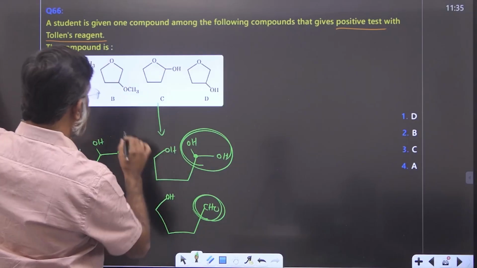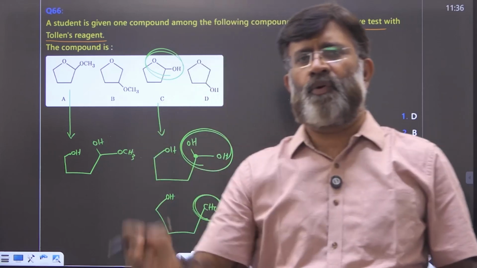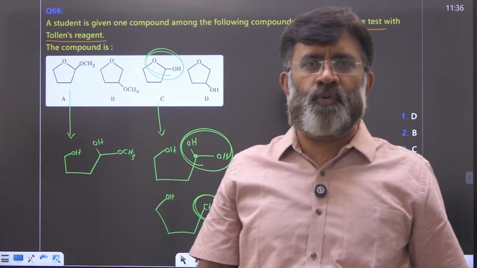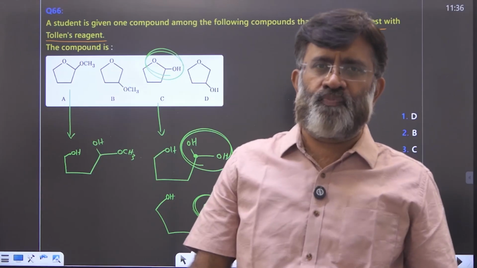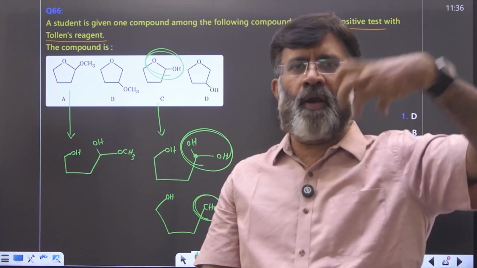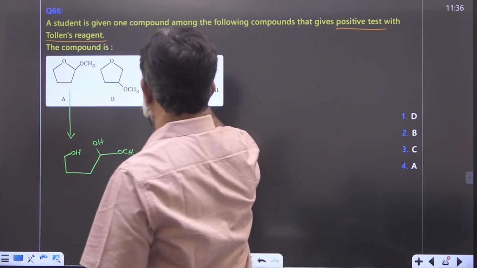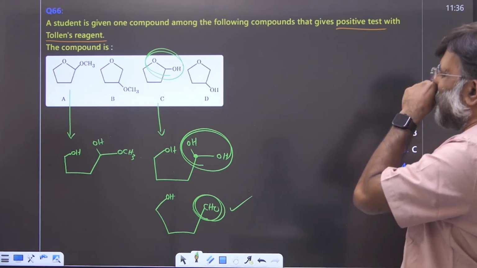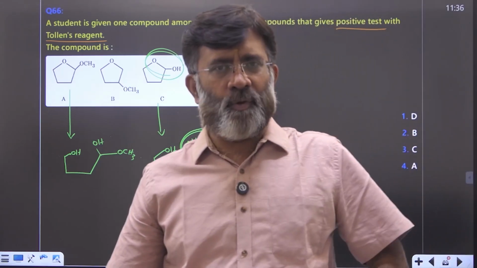This is like the glycosidic linkage breaking in a sugar molecule, as when you check the non-reducing nature of sucrose, or the reducing nature of lactose, maltose, etc. That functional group will open up and you will get the CHO group, and that will reduce the Tollens reagent, and you get the silver mirror test.